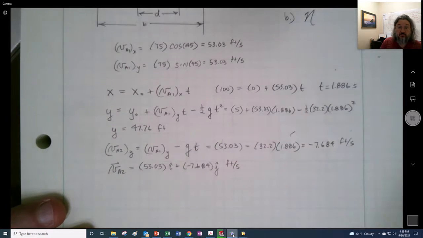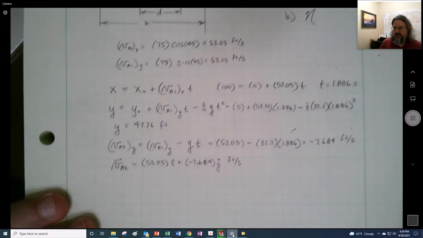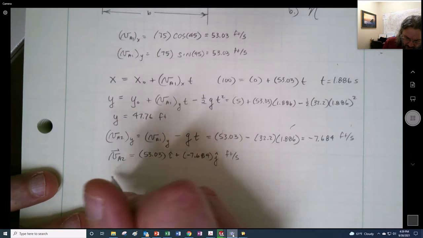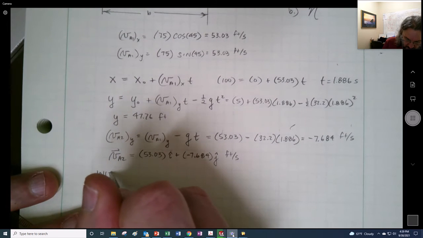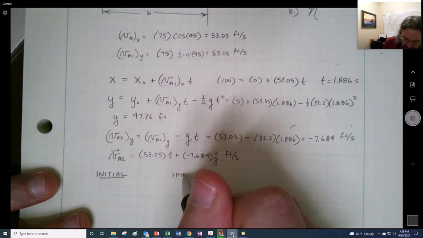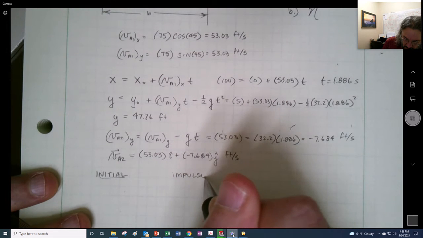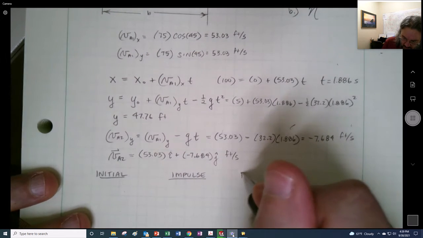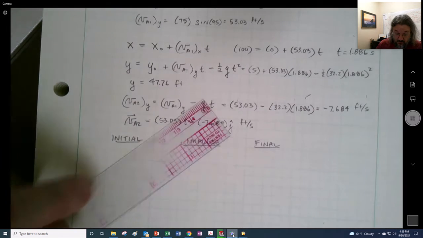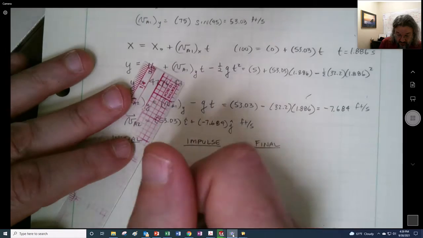Okay, great. Now let's take a moment and think about what this looks like for our impulse momentum. So we'll go initial, and we'll go impulse, and we're going to go final. So it's at this steep angle thing right here.